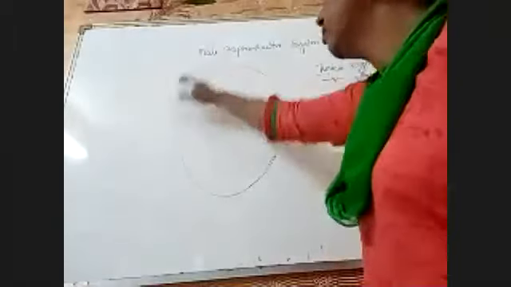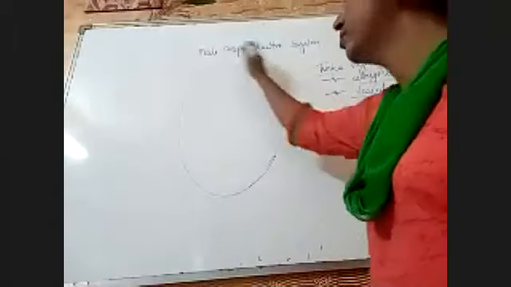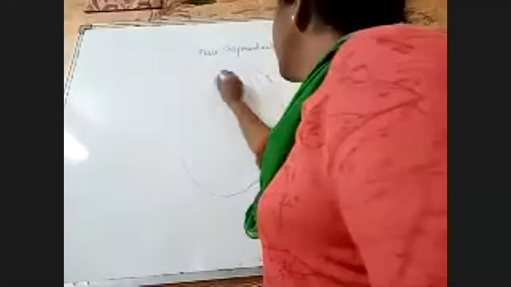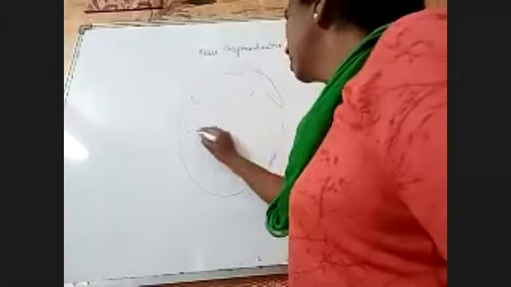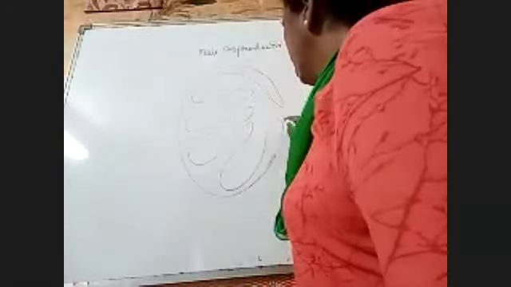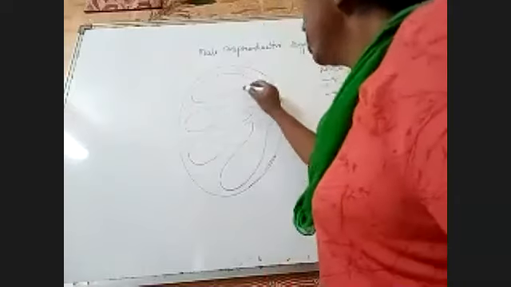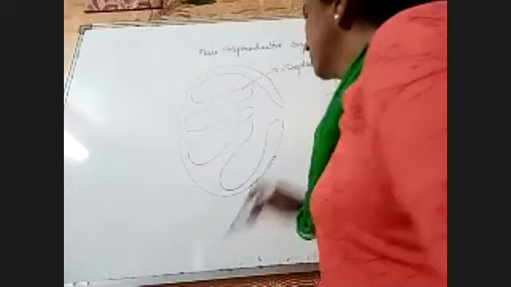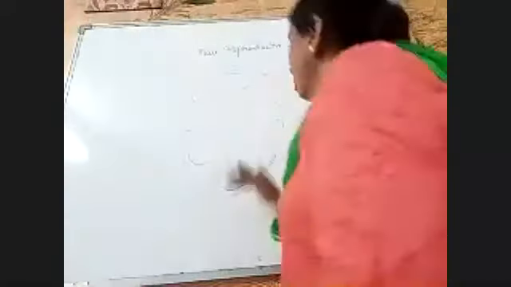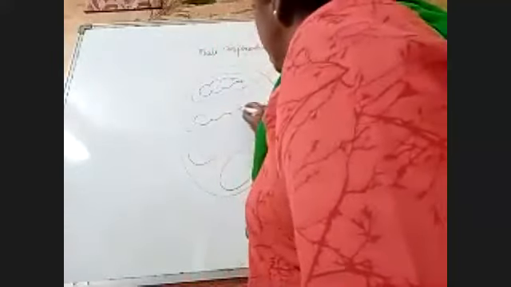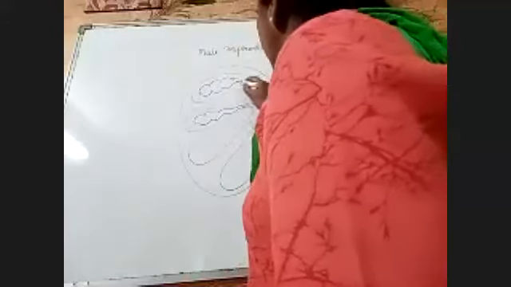So these 3 layers cover it, and after that we will see that these testes get divided into several parts due to the septum. Okay, each septum will contain some lobulated part like this.